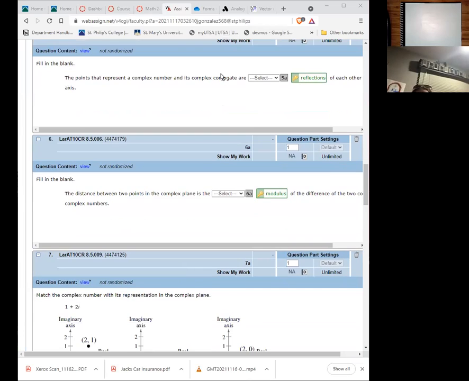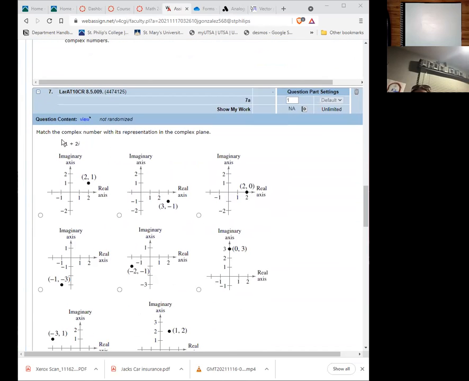Okay, so let's find. I guess we could just do these here. Give you a picture, so that's how your homework starts out. There's some theory questions. So match the complex number with its representation in the complex plane.